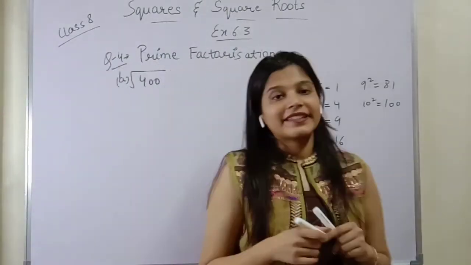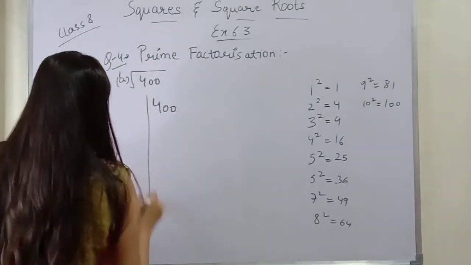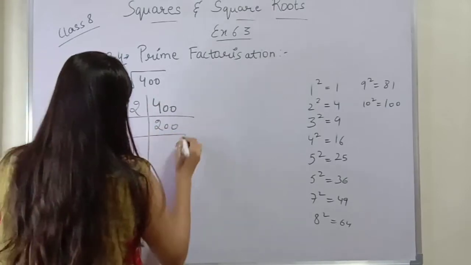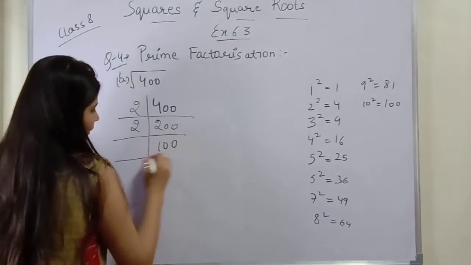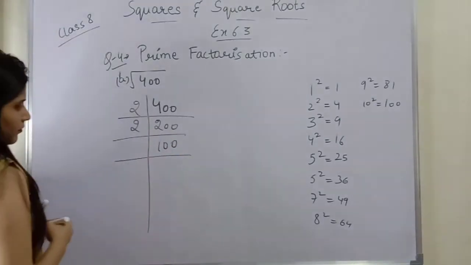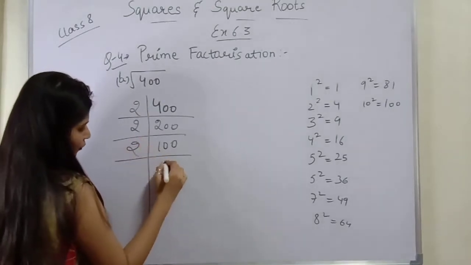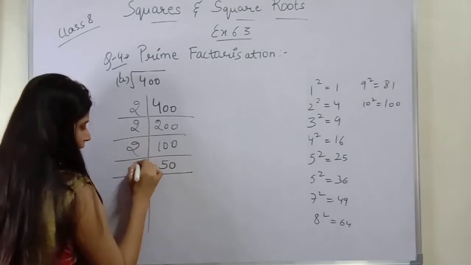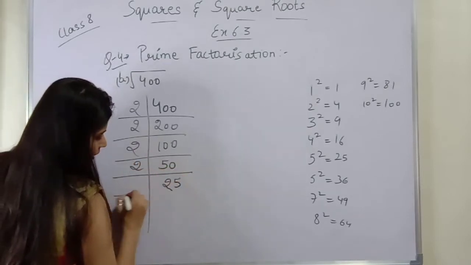Now we will take the LCM of 400 and 400 is an even number. So ये 2 से जाएगा. 2 200s are 400. Again 2 200 100. Again 2, 2 5s are 10, so 50. Again 2, 2 2s are 4, 2 5s are 10, 25.